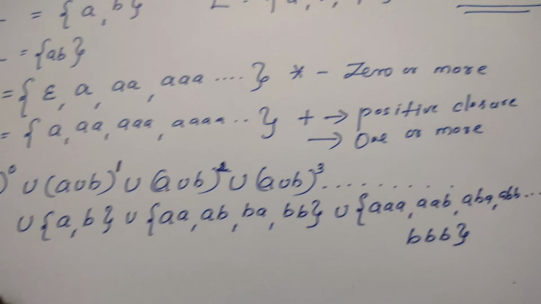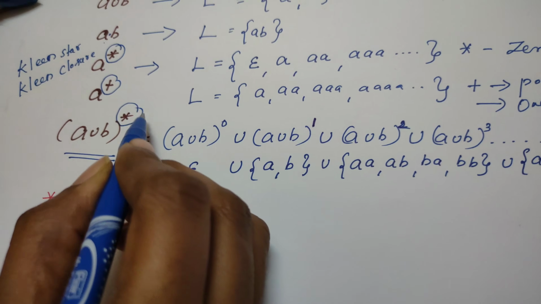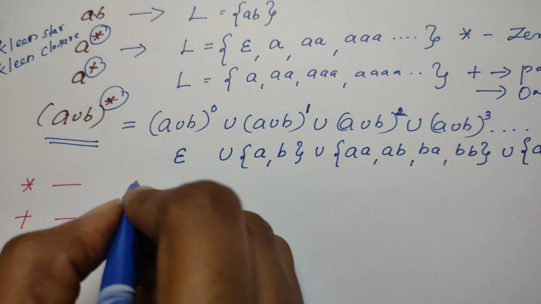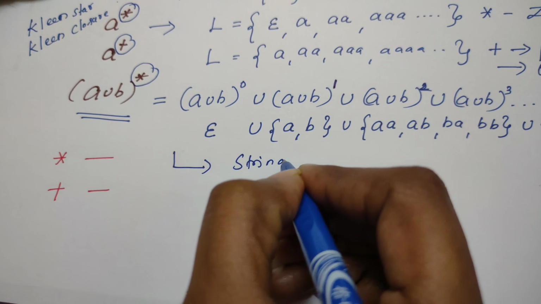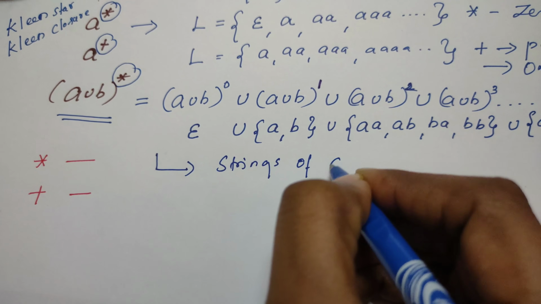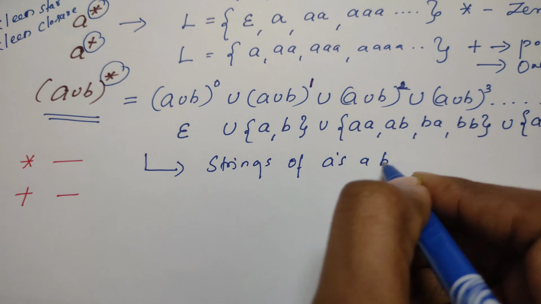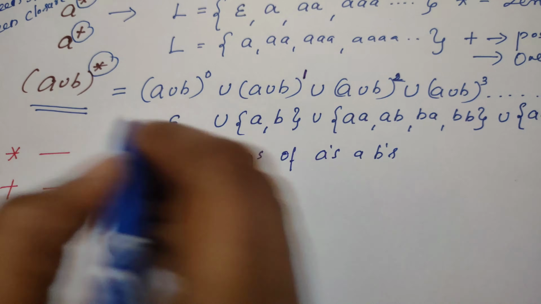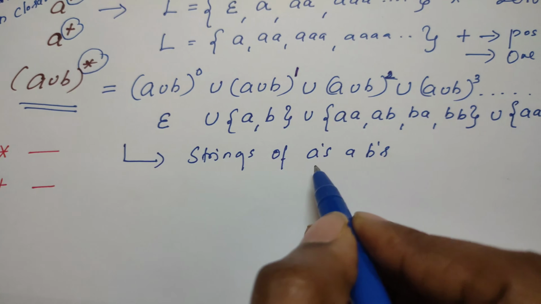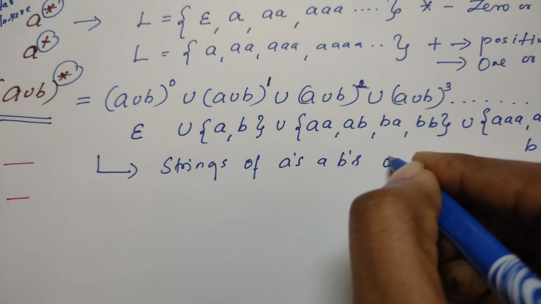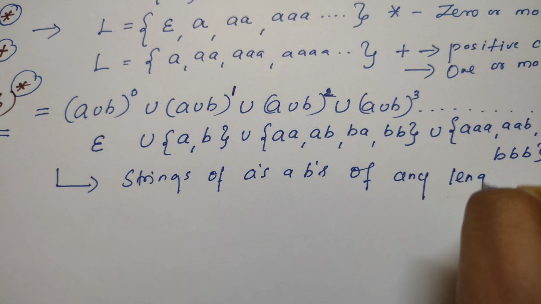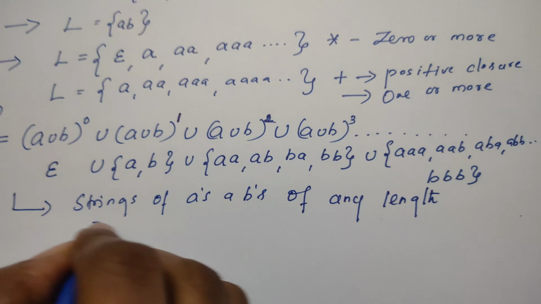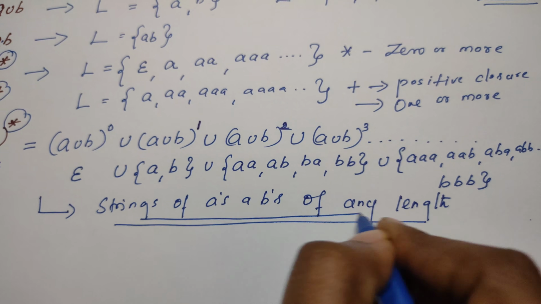So as a whole, the meaning of this regular expression A union B whole star is, let me write in a statement here, strings of A's and B's. It means over the alphabet. What the regular expression represents is A's and B's of any length. That is the meaning of this regular expression.